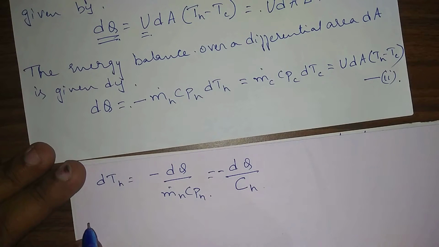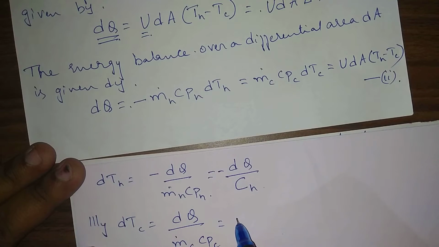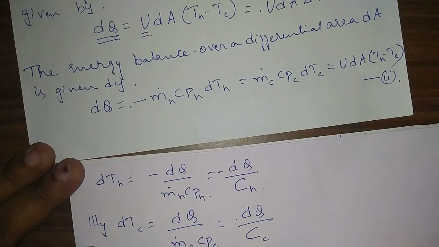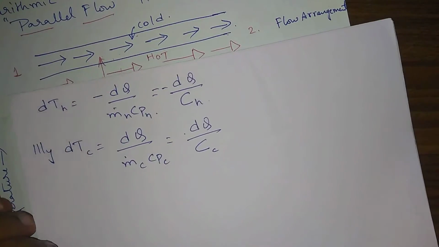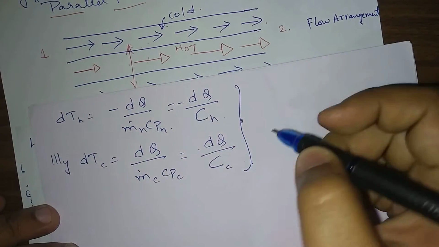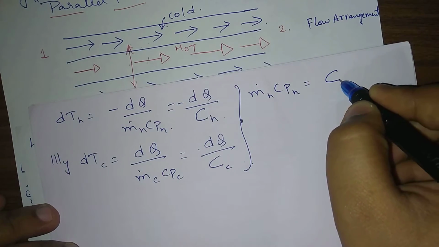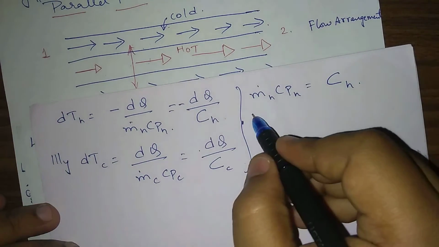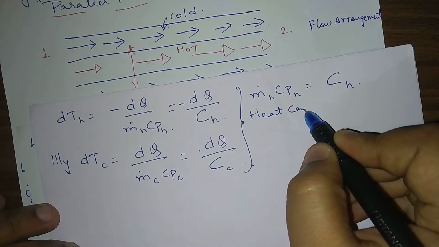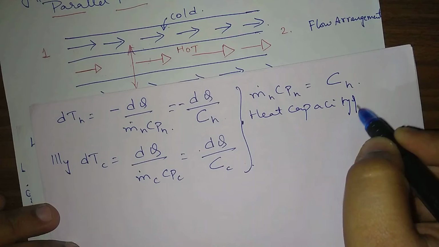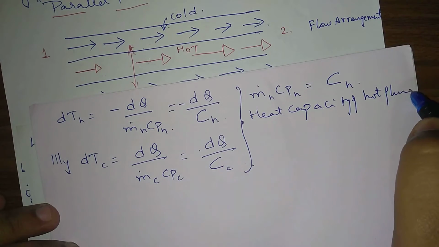Similarly, dTc equals dq divided by m dot c Cpc, which is dq divided by capital Cc. So m dot h into Cph equals Ch, which is called the heat capacity of hot fluid.